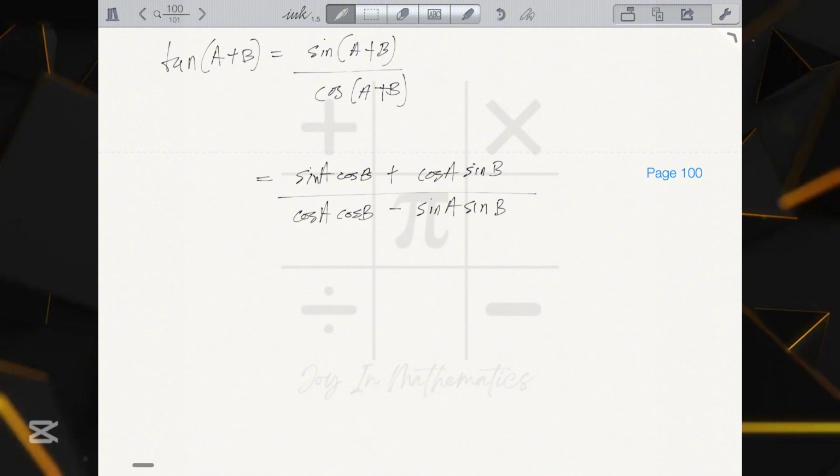Now to get this logic, we have to divide all through by cos a cos b. So we are going to divide the numerator and denominator by cos a cos b. Remember, this is tan a plus b.